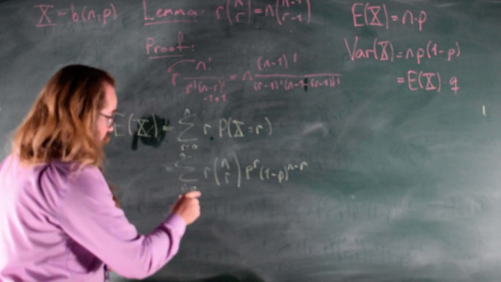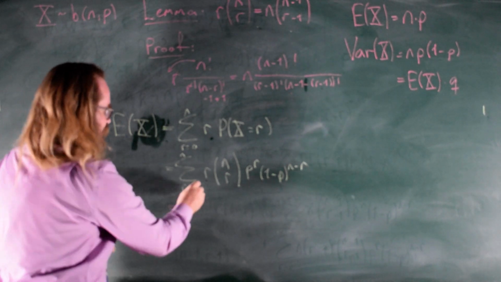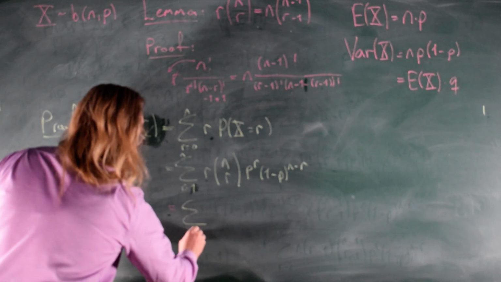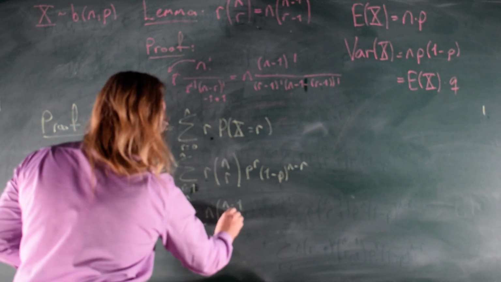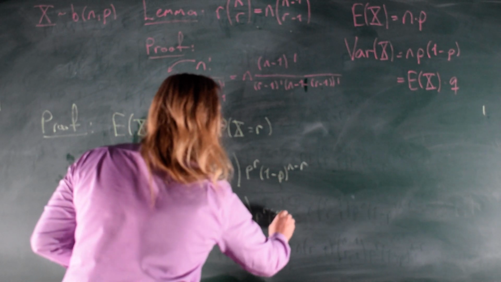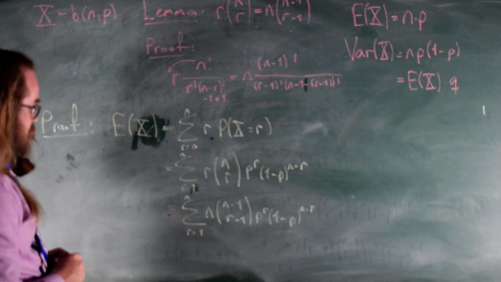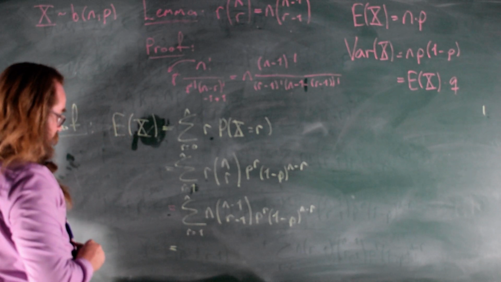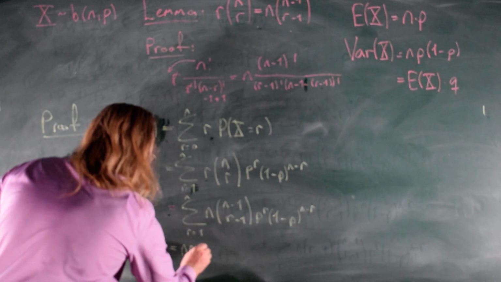And I'll do a small trick before I continue. If r is 0, this whole thing is 0, so I'm not really interested in that. So let's just start from 1. Okay. So r is equal to 1 to n, and we get an n, we get the binomial coefficient of n minus 1 and r minus 1, and then the same thing over here, 1 minus p to the power of n minus r. Wonderful. Okay. What I do now is I take an n and a p outside the sum.